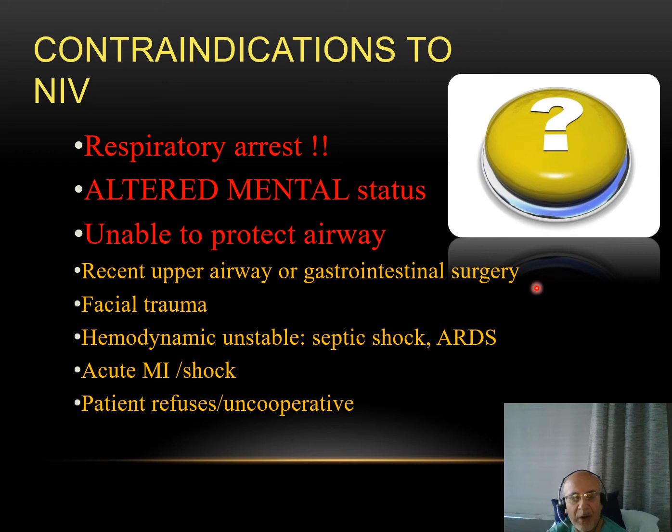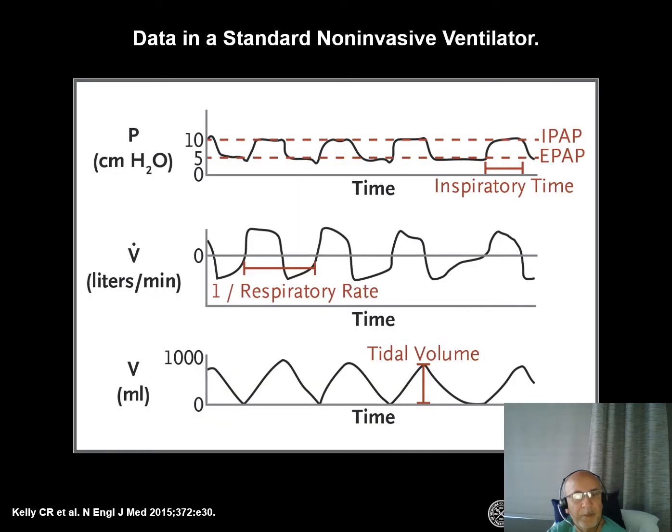Any recent upper airway or gastrointestinal surgery, facial trauma, if the patient is hemodynamically unstable, such as from septic shock or acute myocardial infarction with cardiogenic shock, or if the patient refuses or is uncooperative after some initial attempt at the use of NIV, should be contraindications.